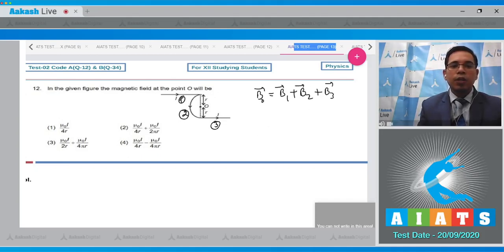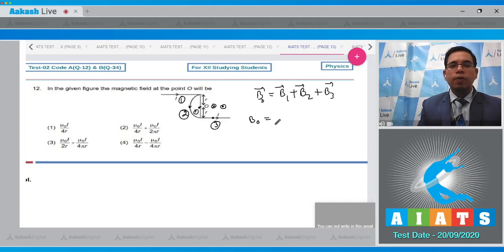Now due to section 1, the magnetic field at this point will be inside. Due to section 3, the magnetic field will be outside, and due to this semicircular wire section, the magnetic field will also be outside. This is from the right hand thumb rule.